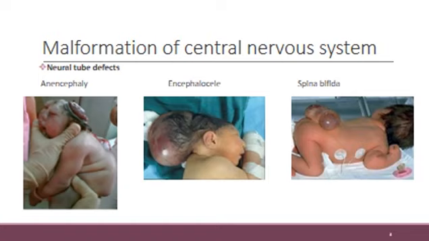Neural tube defects are an example of a malformation of the central nervous system that happens very early after conception, and it is less common these days due to two main reasons.